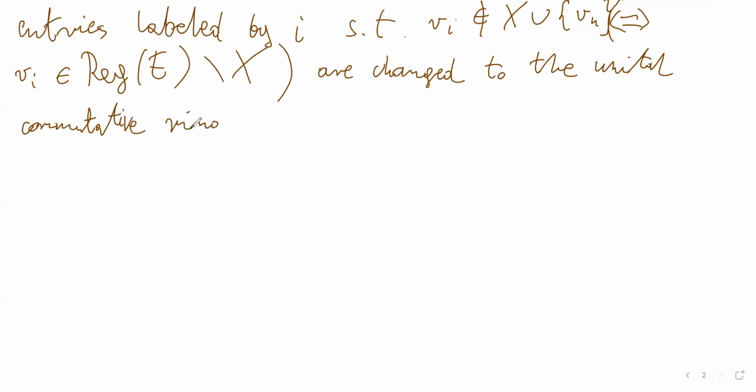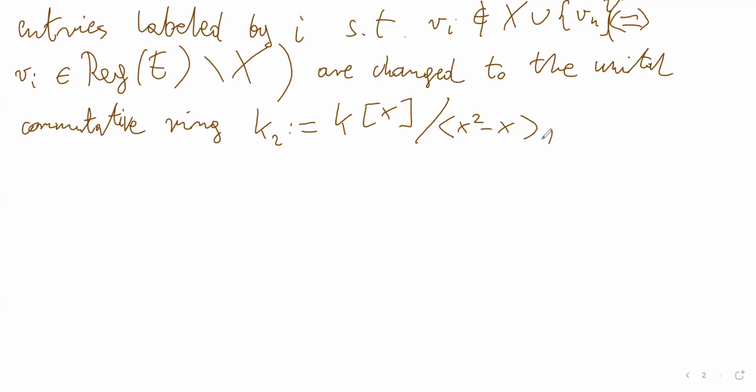Let me label it as K2. I take polynomials in one variable, but I divide by the relation x squared minus x. So x is an idempotent, okay? So this is a two-dimensional algebra over K, and that's what we have in each slot I, such that I is a regular vertex that is not in X. Okay?